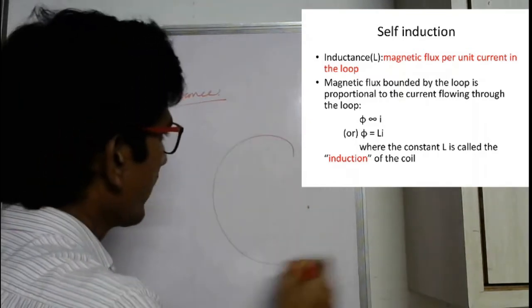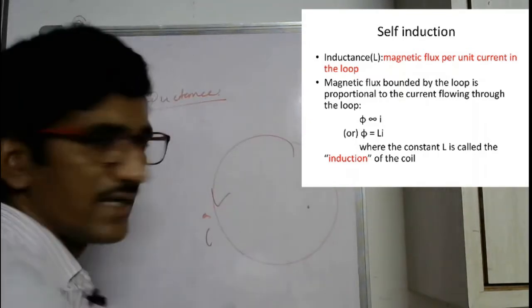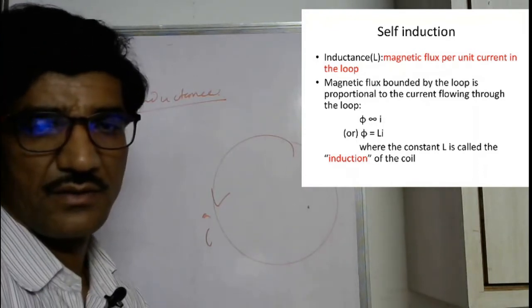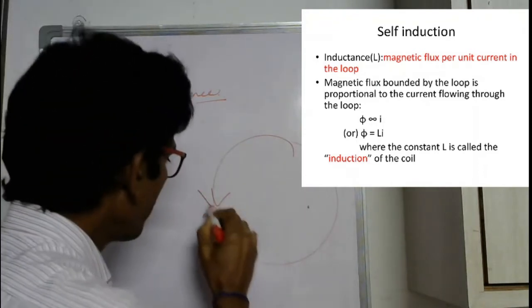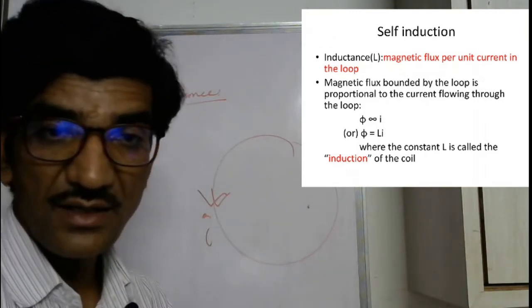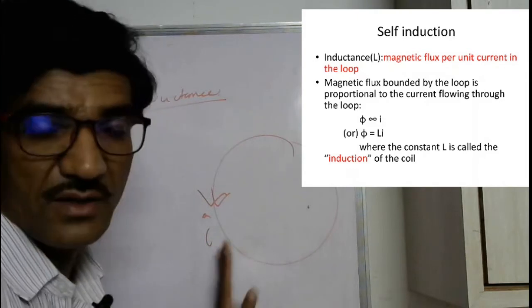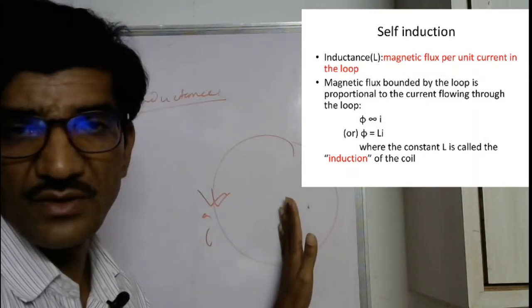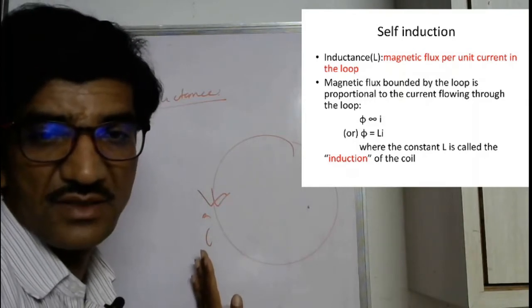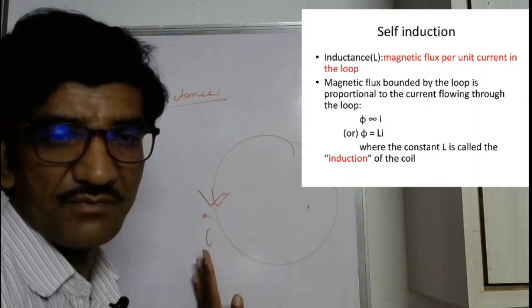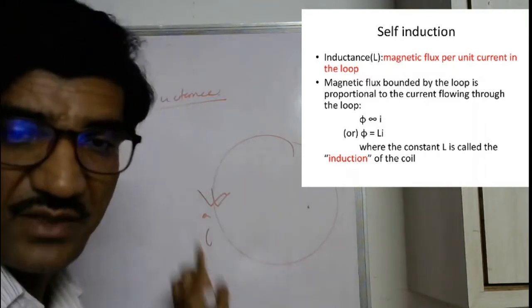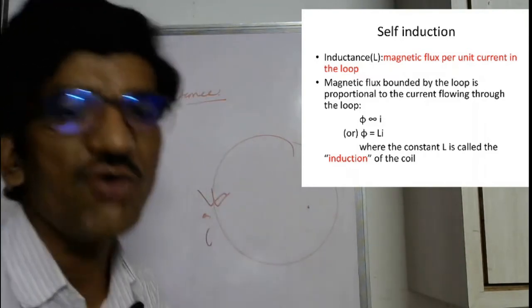See, this is a coil, and I amperes of current is flowing. How do you define the self-induction capacity of this coil? How much flux is induced by this current? Otherwise, we reason like this: if you run 1 ampere of current through this coil, how much flux do you have?